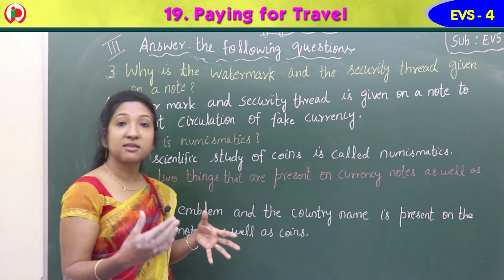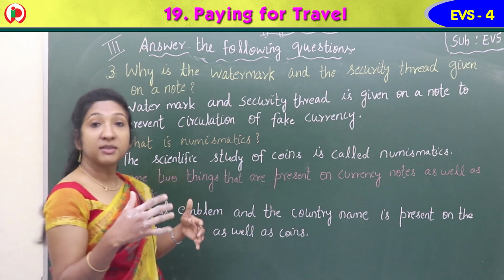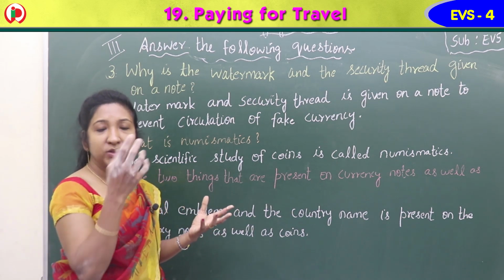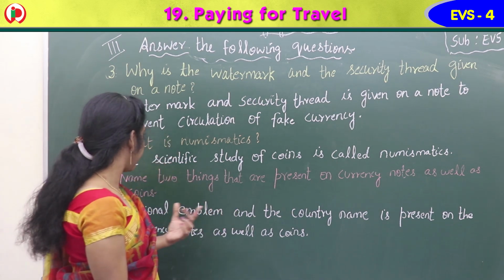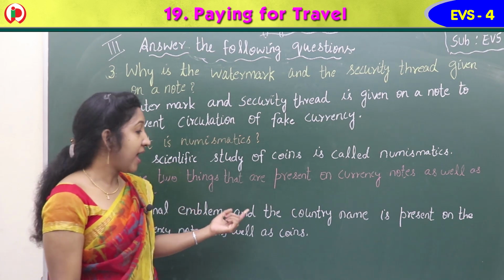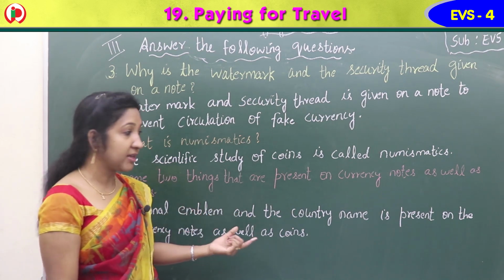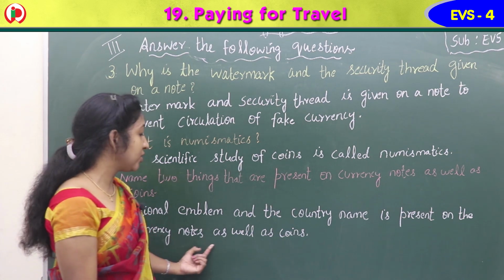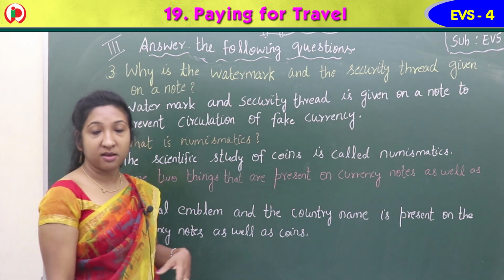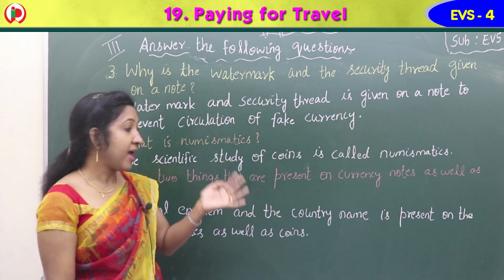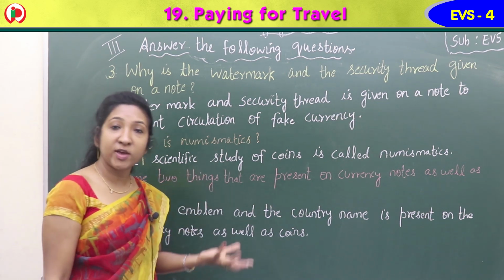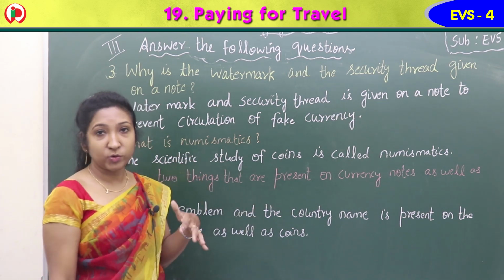On coins and currency notes we can see different things. So any two things you have to tell, you have to write. Answer: national emblem and the country name are present on the currency notes as well as coins. We can see the national emblem and country name also on coins as well as notes.